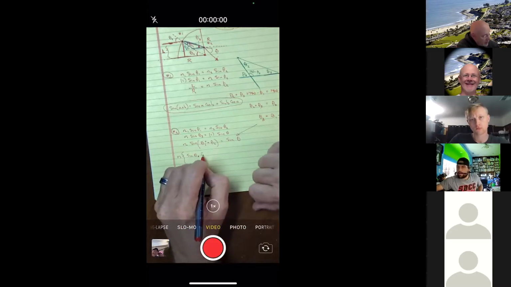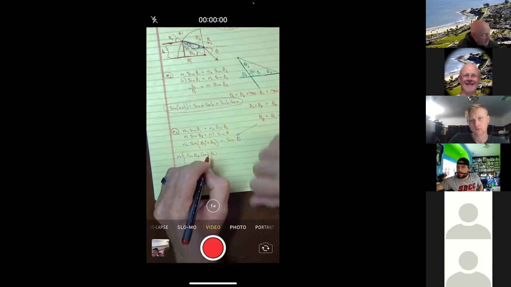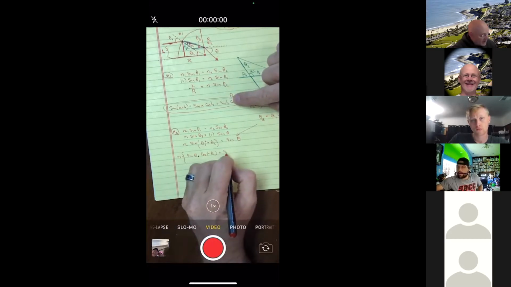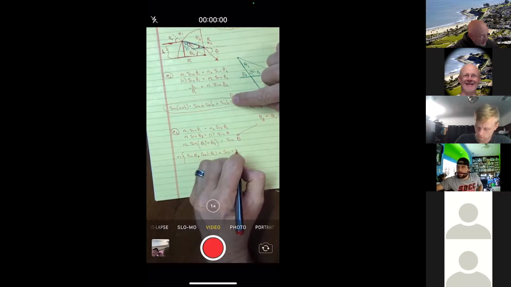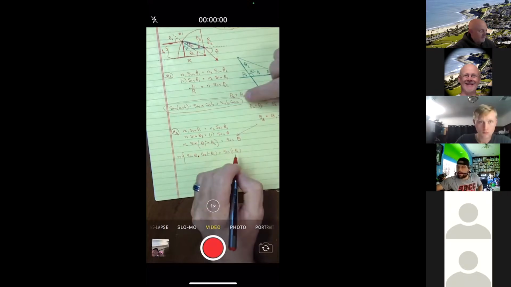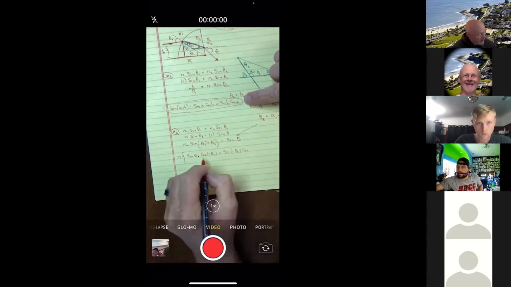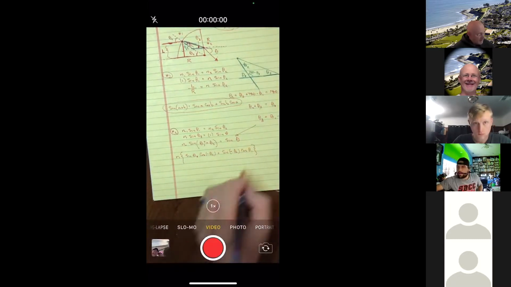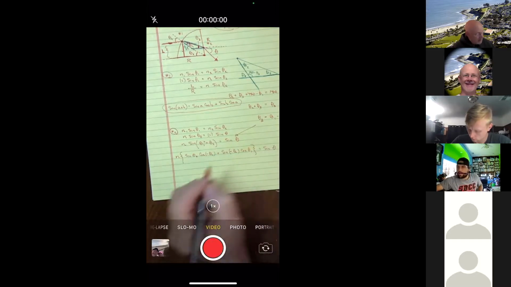So this would be cosine of negative theta 2, plus sine of the second, so that's minus theta 2, and then cosine of the first. And that all equals sine theta.